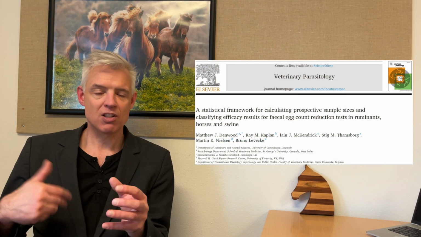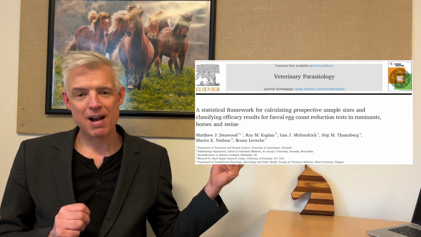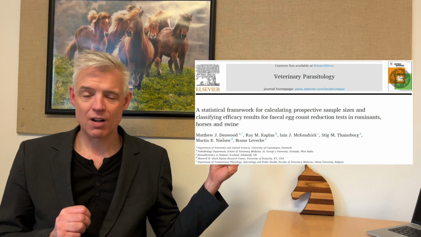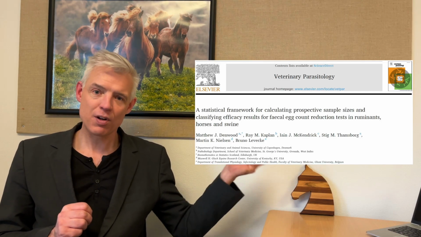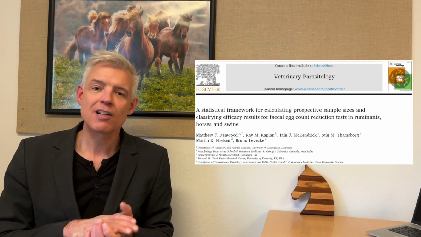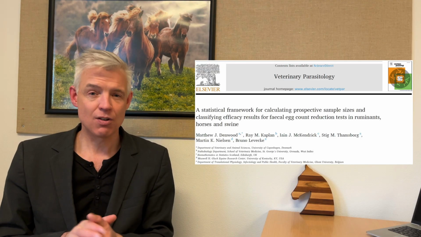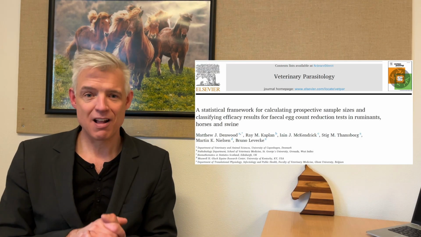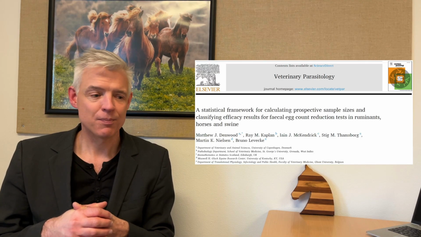It's based on some statistical principles that are described in this paper by Matthew Denwood, one of the co-authors of the guideline paper itself, but he led this supporting accompanying paper that describes some of the statistical and mathematical principles behind our recommendations. So you can look up the rationale for the lower efficacy threshold in that paper.